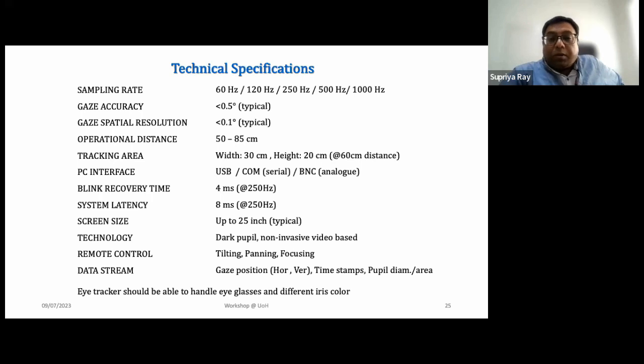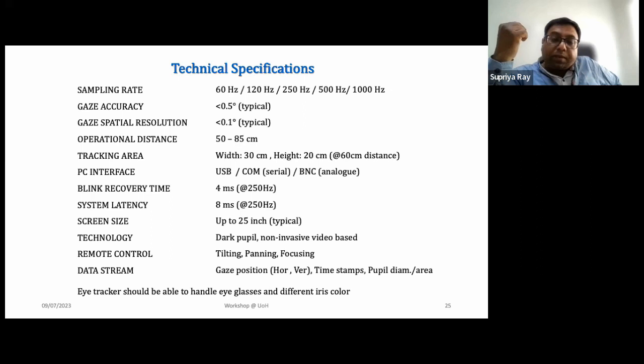Remote control: many eye trackers provide this facility so you can remotely tilt, pan, or focus the eye camera. Many other brands have a fixed focal length and a fixed angle of their eye camera.